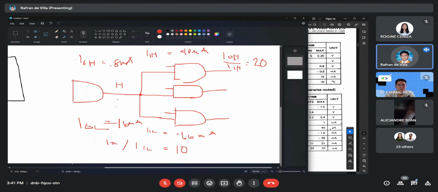Pero kung low ang output sa AND gate, it can only control 10. Okay? So naa tayo duha ka value. Asa may pilion nato ani as kanang ma-consider nato as fan out? Ang bigger number or smaller number?